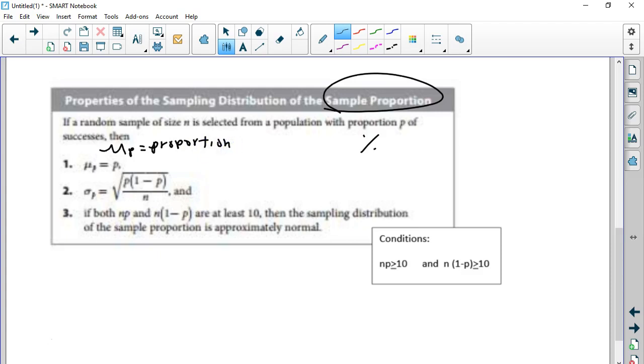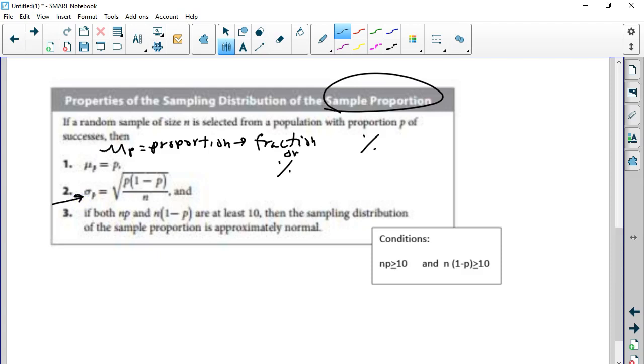And that's going to be either a fraction or a percent, because every fraction can be changed to a percent. And then n is our sample size, obviously. So, how do we calculate our standard deviation from a proportion?